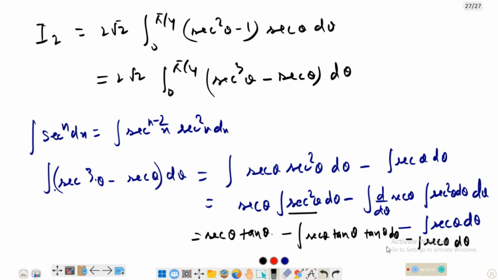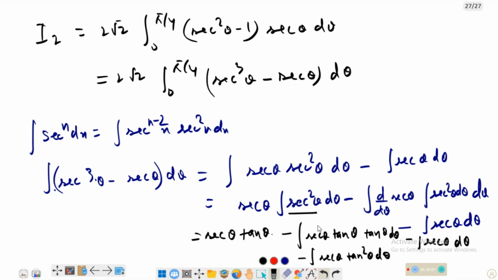This is sec theta into tan square theta. This integral is the integration of sec theta into tan square theta d theta.